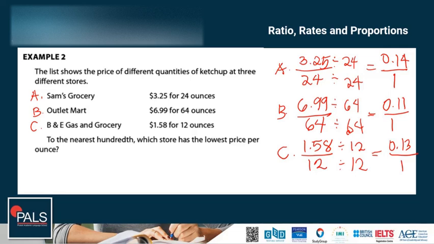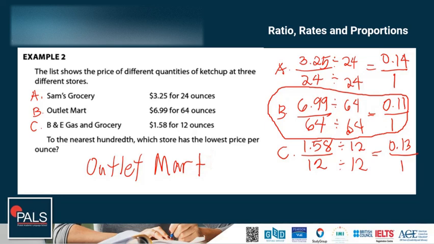Now that we have found the rate per unit, the rate where the denominator is 1, we can see that the Outlet Mart has the lowest price per ounce. So the answer is Outlet Mart.